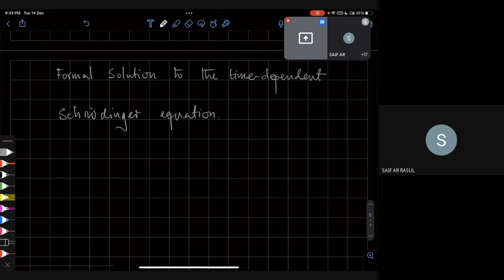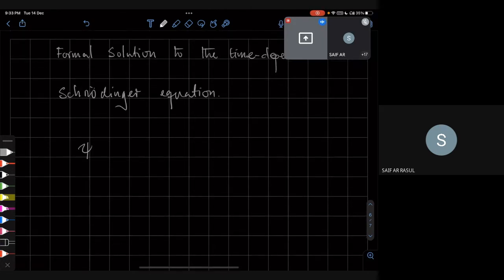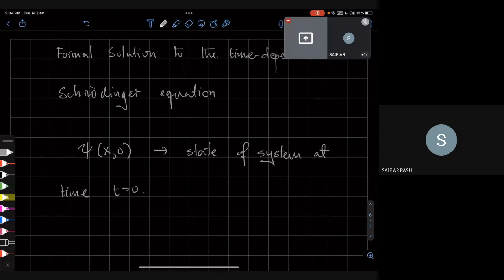Suppose I give you a state of the system at time t equals 0, and I ask you what happens to the state at a later time.